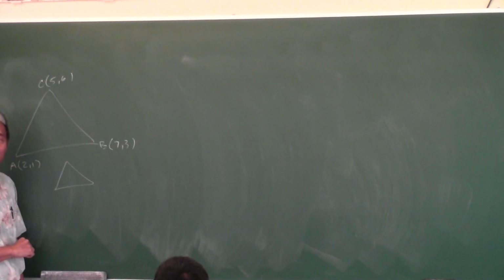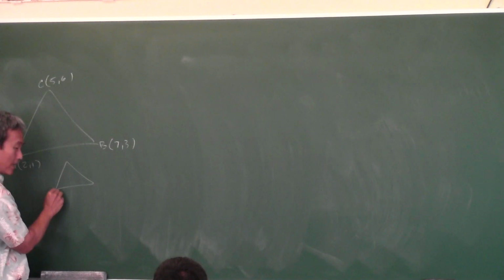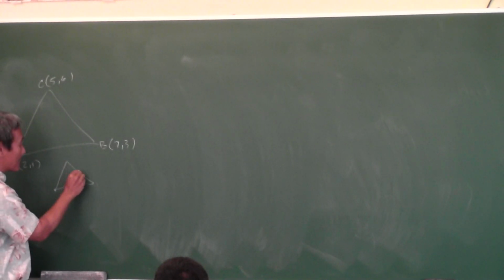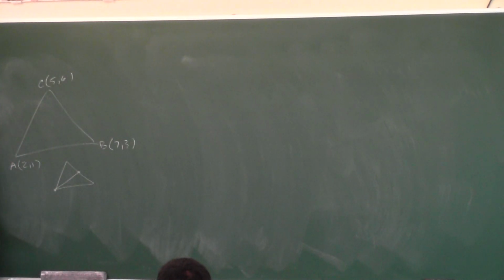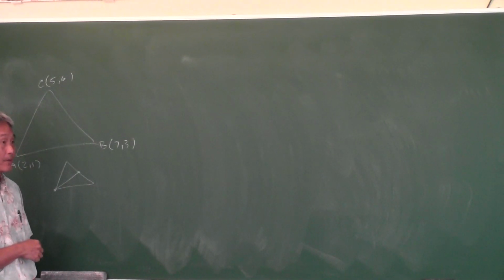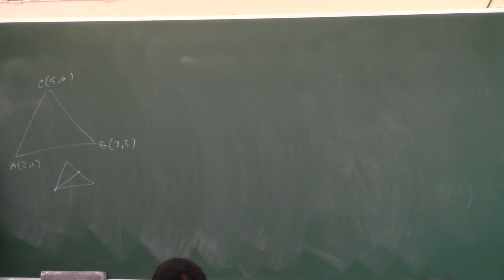Okay, if you have a triangle, it doesn't matter what triangle you have. What is a median? A median goes from the vertex to the midpoint of the opposite side. That's called a median. You have to know this. How many medians does a triangle have? Rhymes with me. 3. And what did we learn in geometry?